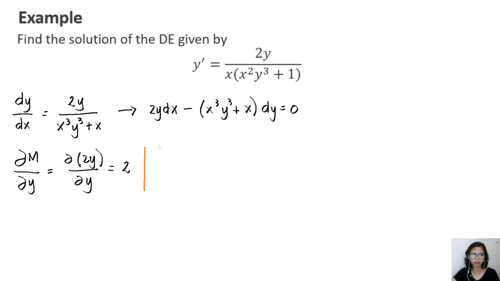For the partial derivative of N with respect to x, please do not forget the negative one.